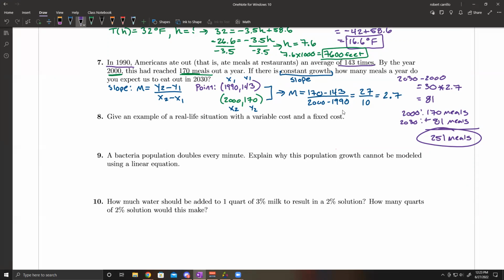So maybe, what could I say? I'll start. One good example of a function with a variable cost and a fixed cost. Let's say my fixed cost, well, it has to be like an annual fixed cost, right? Well, if you add it all up, it is. Let's say my fixed cost is a house payment.